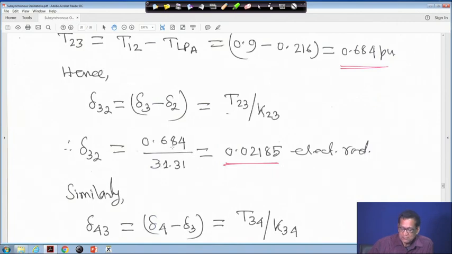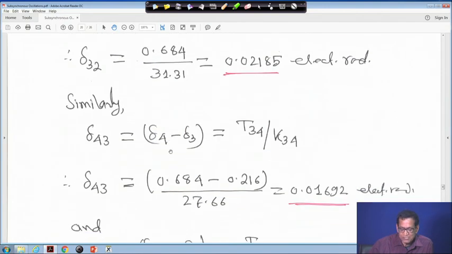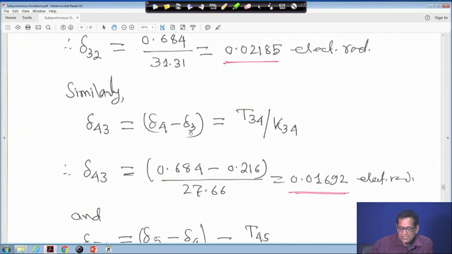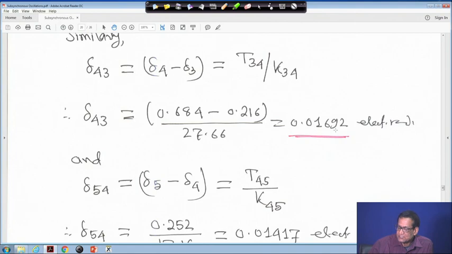T23 is known, K23 we have computed before, so it will become 0.02185 electrical radian. Although this variation is very small, it has some meaning. Similarly, delta 43, delta 4 minus delta 3, is equal to T34 upon K34, that is 0.684 minus 0.216 upon 27.66. That is actually 0.01692 electrical radian, right.